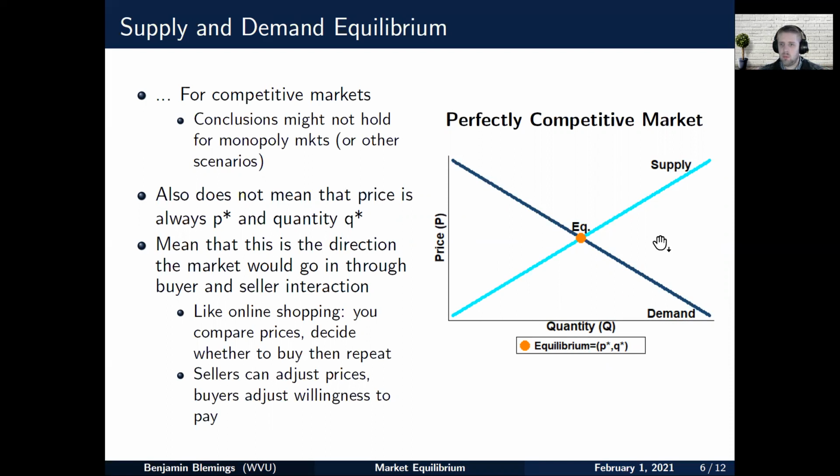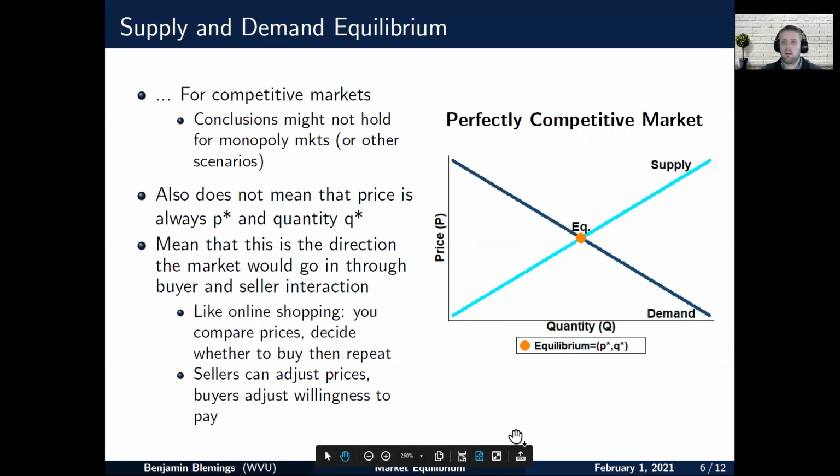It means that in the absence of anything happening, the price and quantity are going to move towards this value in the longer run. So this is the direction that the market would go in via just buyers and sellers interacting with one another in a market. A buyer trying to buy something from a seller says, I'll give you 5. The seller says 10.